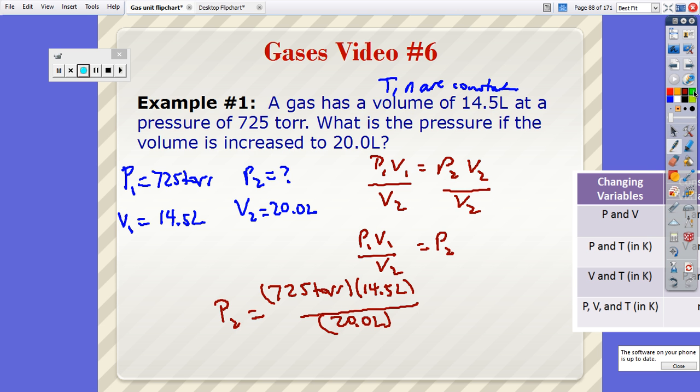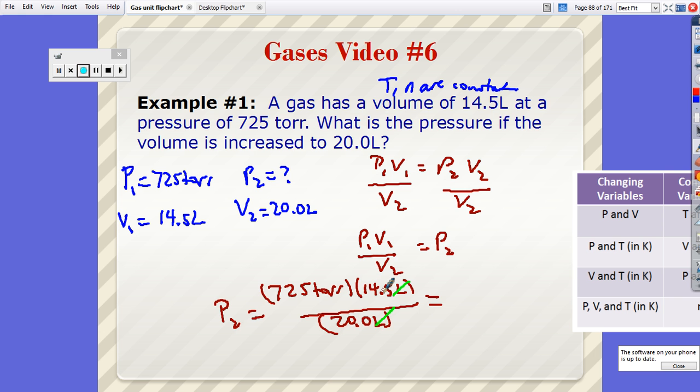And as we can see, the liters will cancel because we have matching units. 725 times 14.5 divided by 20 gives us a total of 526 torr, because that's what our pressure units are in. Go ahead, stop the video, try example number 1 and 2, then check your work.